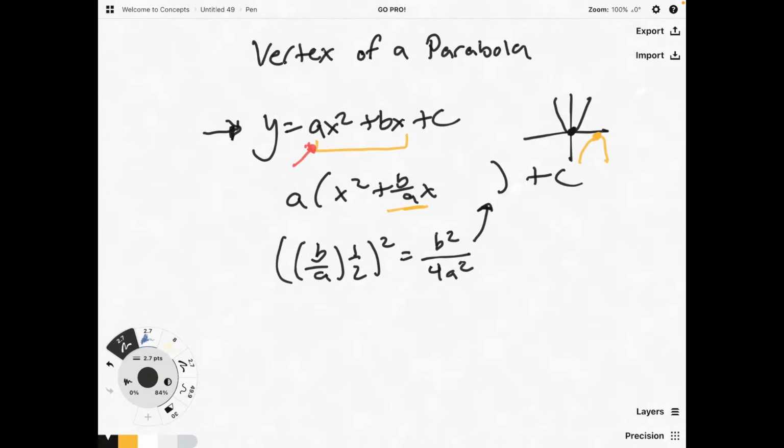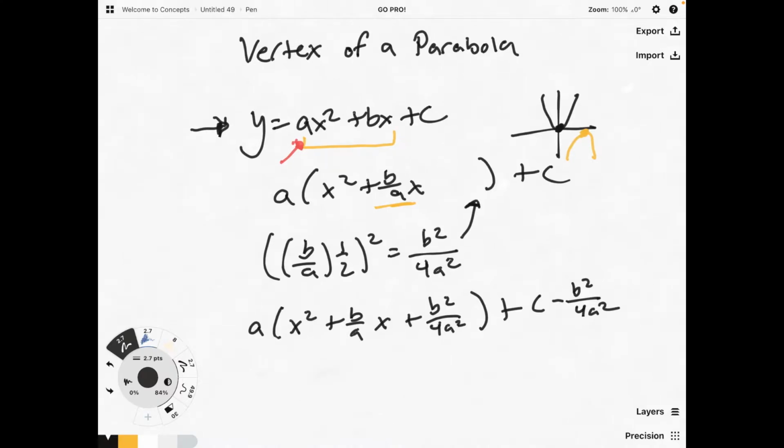If we add this term on the right-hand side, we'll need to add that same term to the left-hand side, but because we're trying to keep everything on one side, we're going to subtract it to move it all onto the same side. And so therefore, we're going to be left with a multiplied by x squared plus b over a x plus b squared over 4a squared, and then plus c minus b squared over 4a squared.